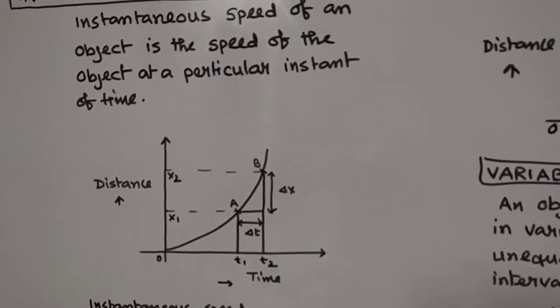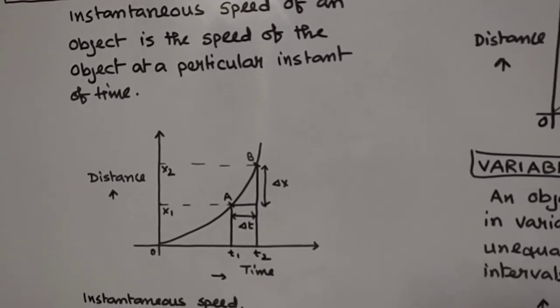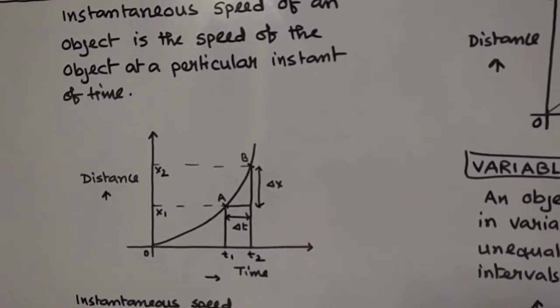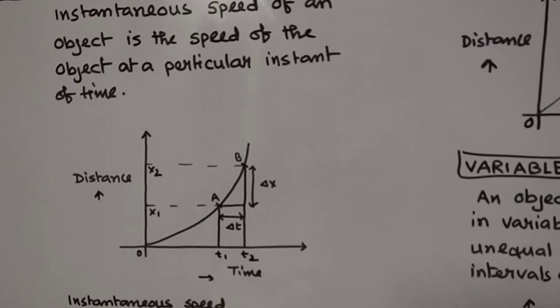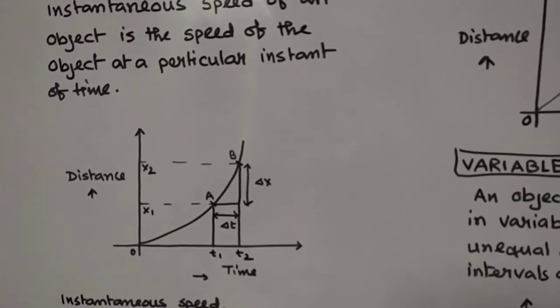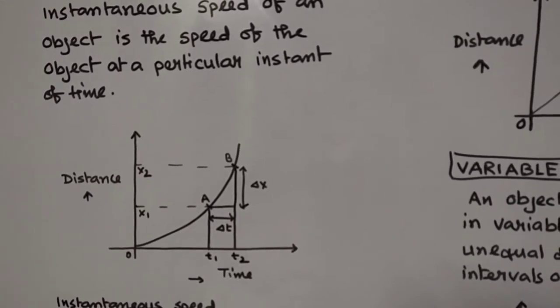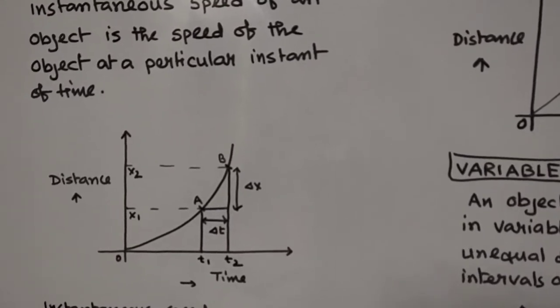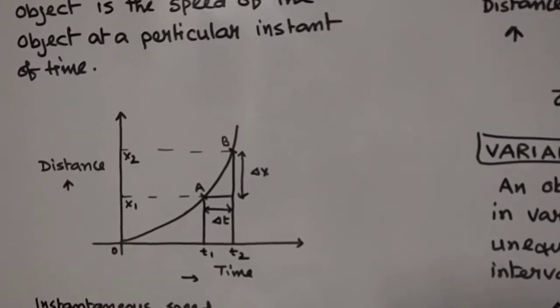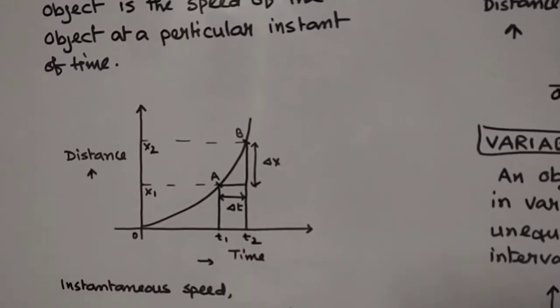Now one axis is your distance axis, another one is your time axis. On the graph we have considered two points A and B. The coordinate A corresponds to x1 on the distance axis and t1 on the time axis, and B corresponds to x2 on the distance axis and t2 on the time axis.